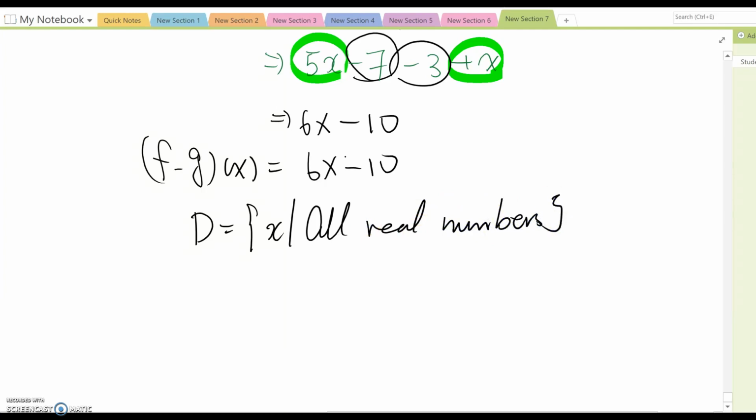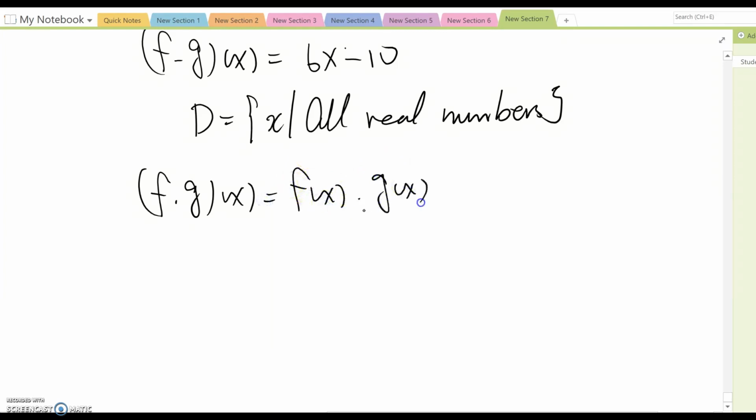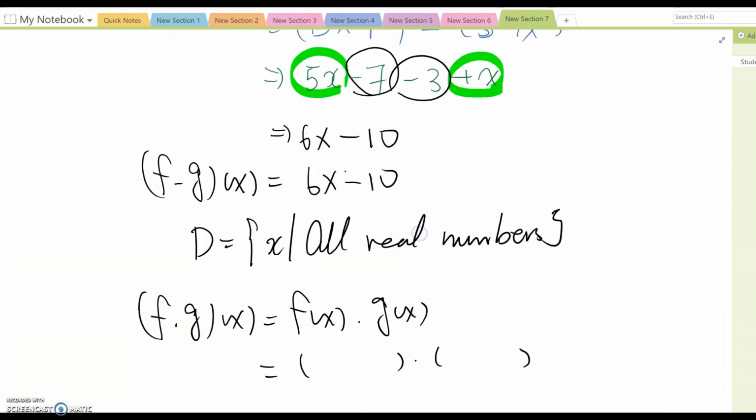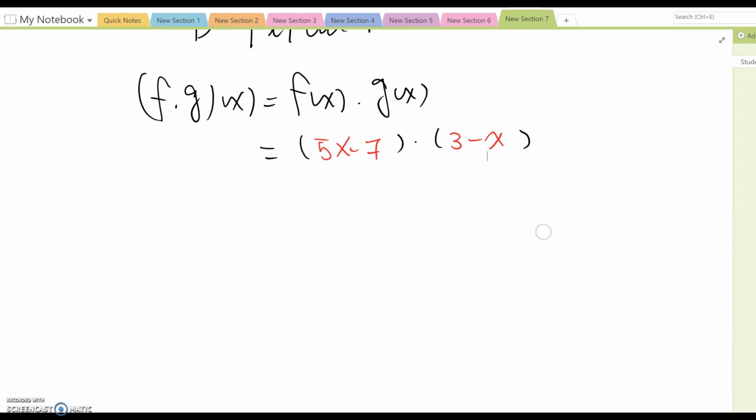Okay, now the third one, (f times g)(x). Then this becomes f(x) times g(x). f(x) was 5x minus 7, so (5x minus 7) times (3 minus x), that was g(x). Now you already noticed that you need to fold them out, or expand them.